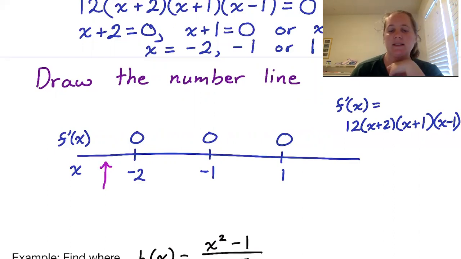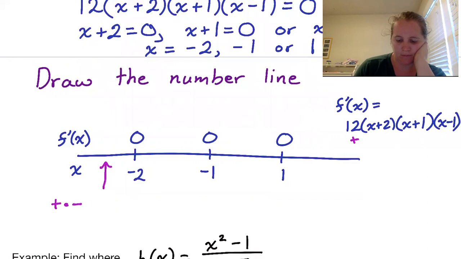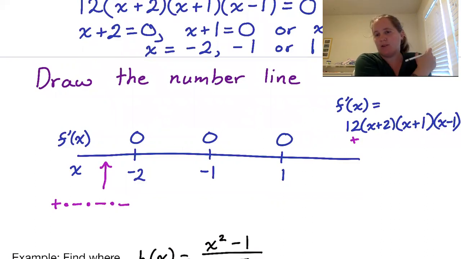If we pick something less than -2, that 12 is going to be positive no matter what, and the rest will change. So we'll have a positive times something less than -2, say -3. -3 plus 2 will be negative. -3 plus 1 will be negative. And -3 minus 1 will still be negative. Again, you could use a specific point or just know that the value is less than -2.